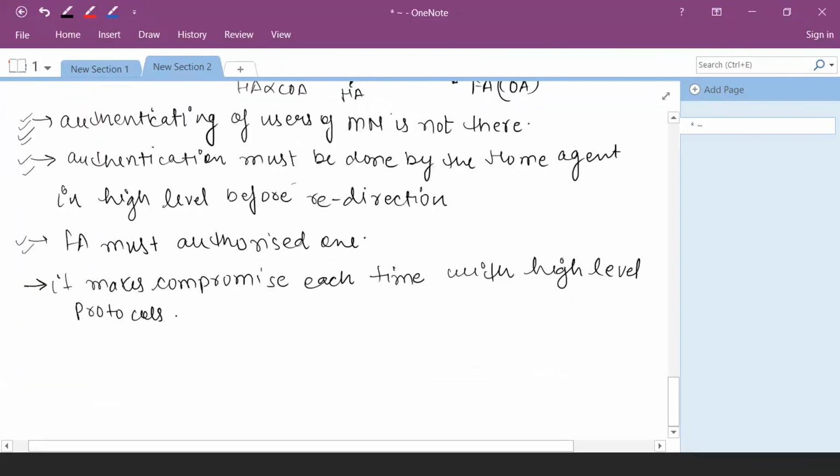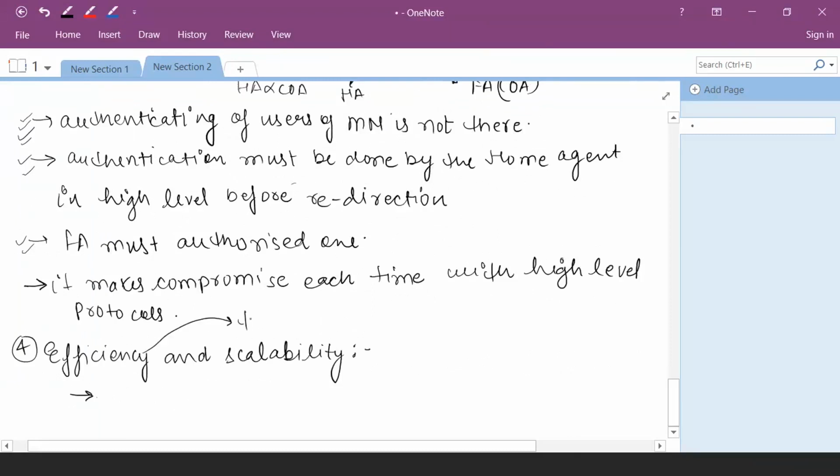Now the last point is efficiency and scalability. Efficiency can be calculated in terms of throughput or in terms of the delay factor also.